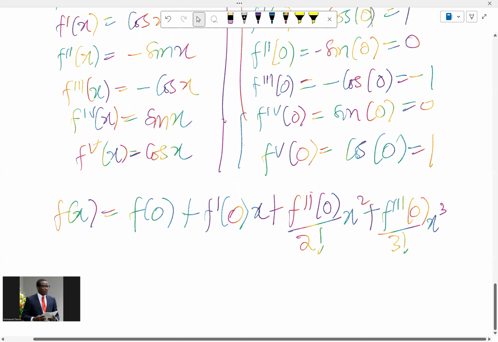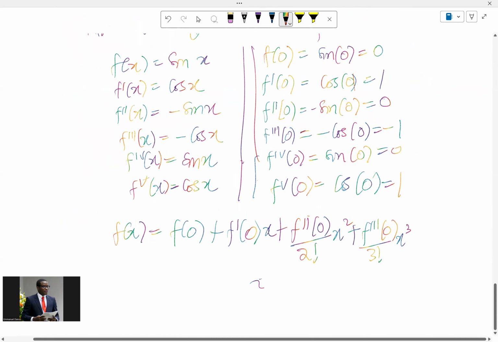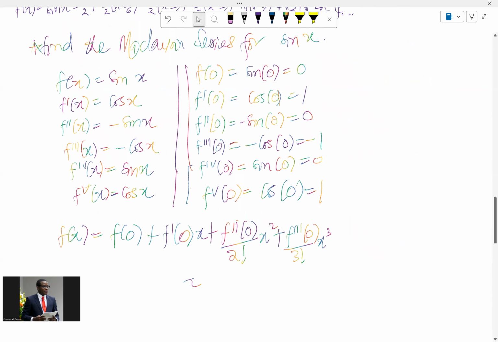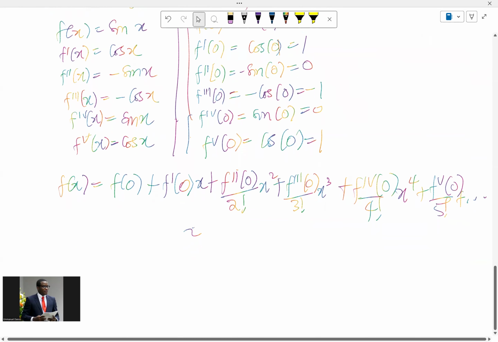Okay, plus f fourth derivative of 0 over 4 factorial x raised to power 4 plus f fifth derivative of 0 over 5 factorial plus all that.